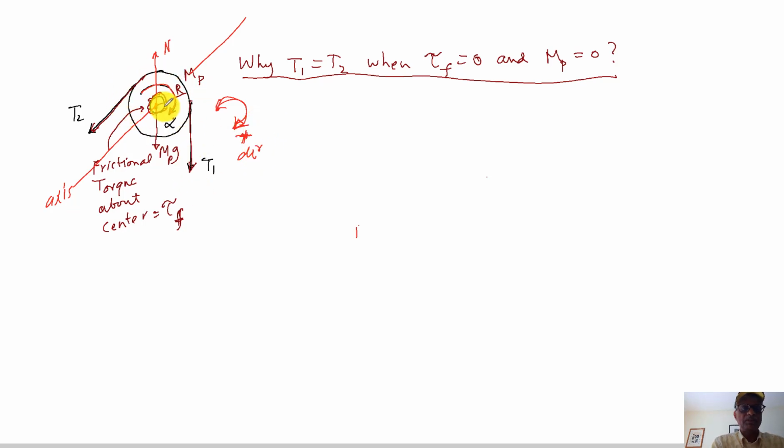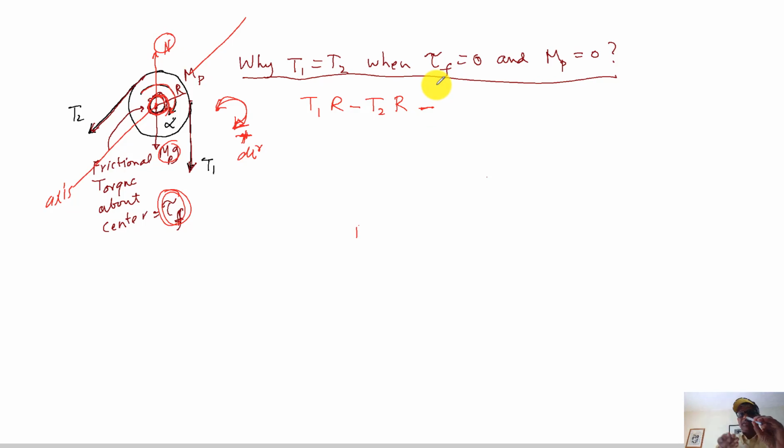So T1 times R will be one torque, that's positive. T2 will be in the opposite direction, so minus T2 times R. From the weight and the normal there will be no torque, but the friction is a little bit away from the center, so it's going to have a torque.